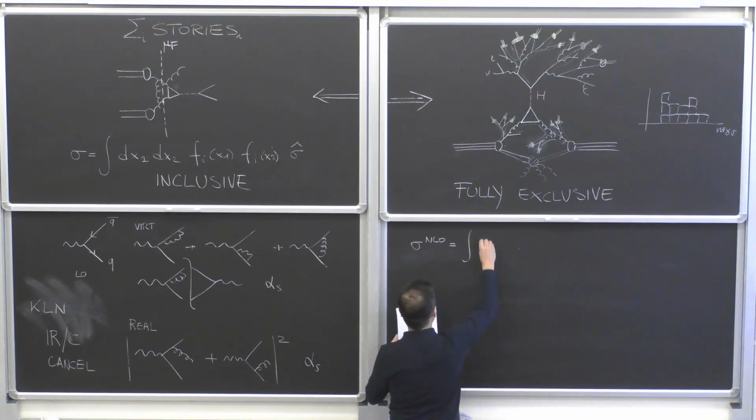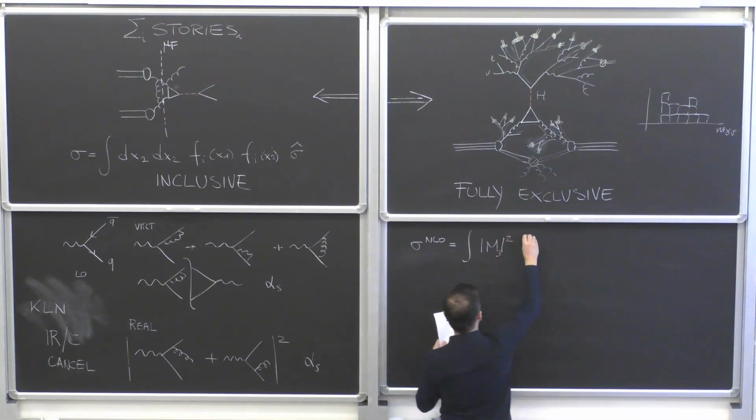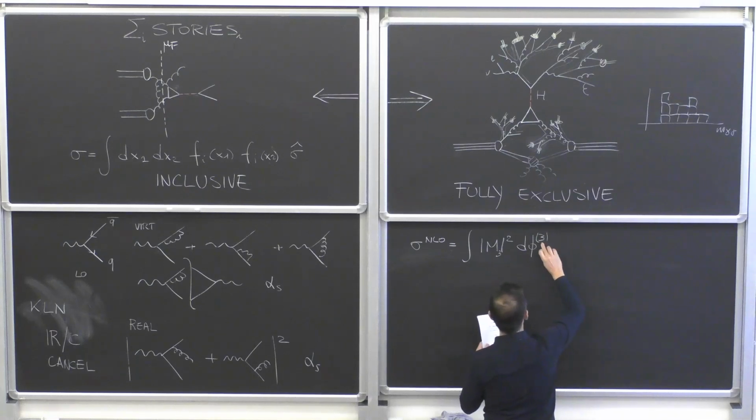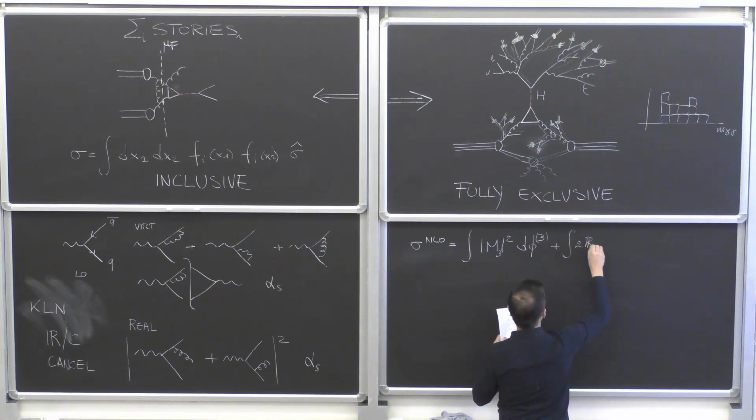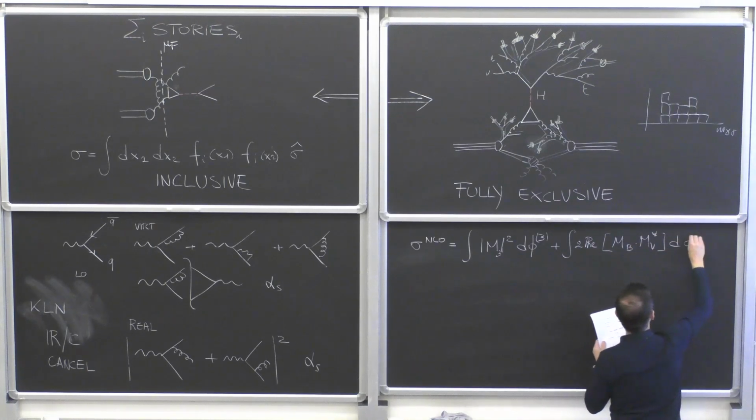The NLO cross-section will be the matrix element M3 squared d phi 3, where 3 is the number of particles in the final state, plus 2 real M2 Born, the Born amplitude times the virtual amplitude, in d phi 2.